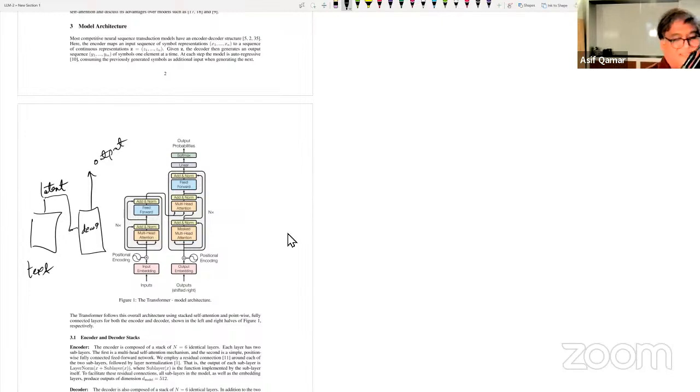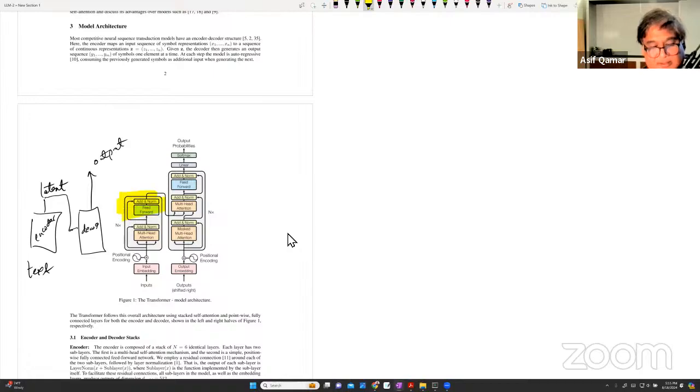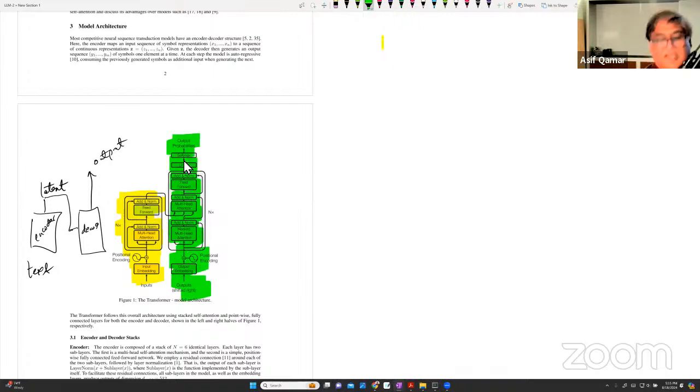Isn't it? This is exactly the encoder, decoder. Do you see the parallel here? So here, what is the encoder? Encoder. What is the decoder? Decoder. Remember, decoder is autoregressive.